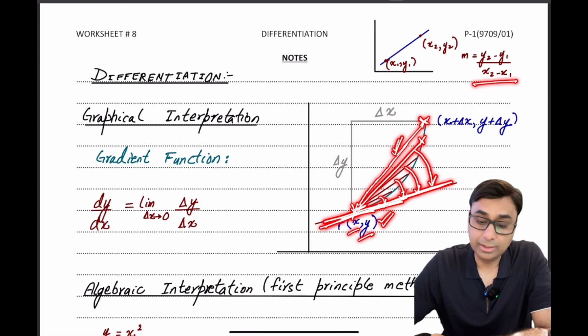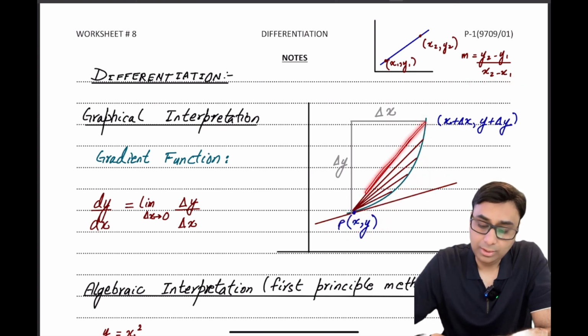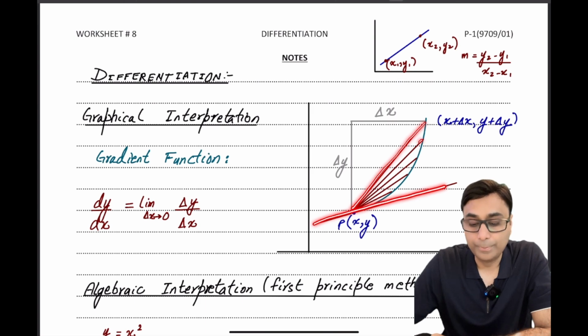So the gradient of the line is not equal to the gradient of the curve, but if I take 2 points very close to each other, then the gradient of the line tends to become equal to the gradient of the curve.